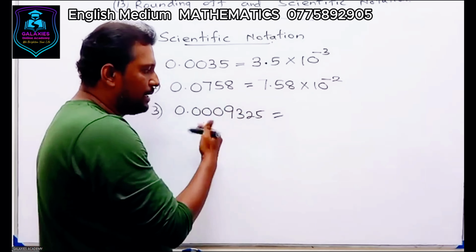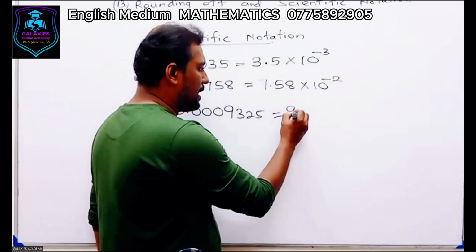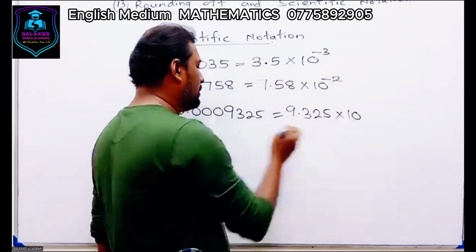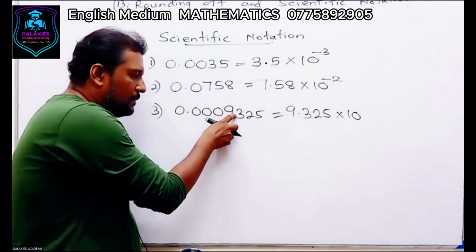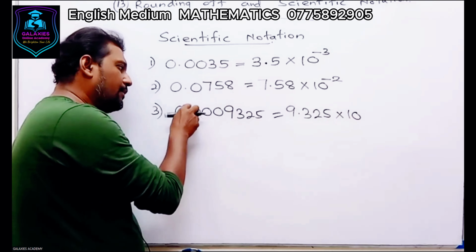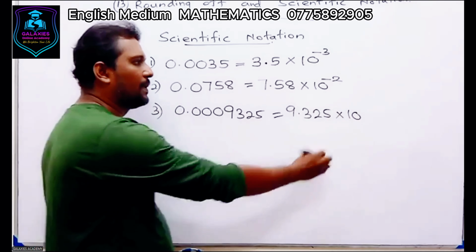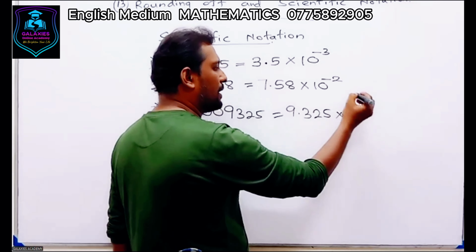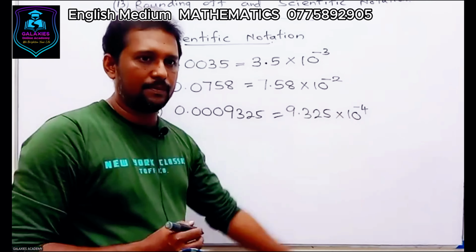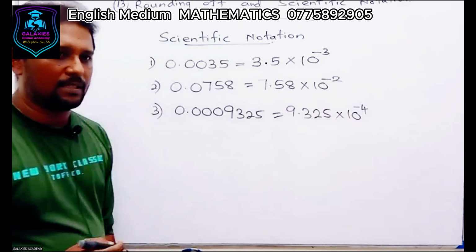That means between 9 and 3. So 9.325 multiply 10 to the power. I kept it here. Then we have to move 1, 2, 3, 4, negative direction 4 places. So negative 4. 10 to the power negative 4. Are you clear on this part? Yes, sir. It is not difficult, no?